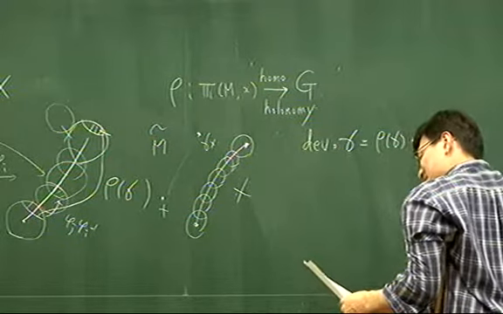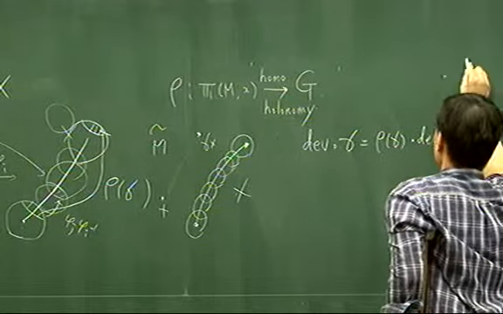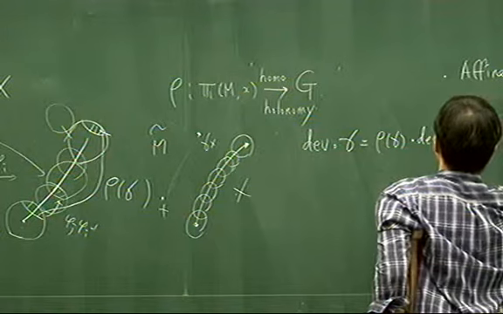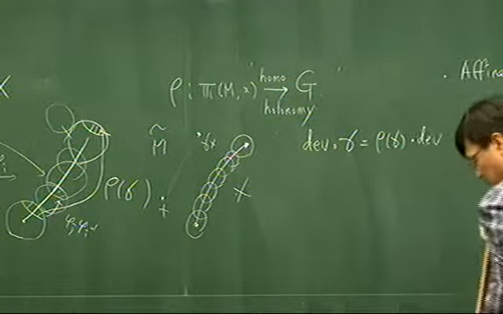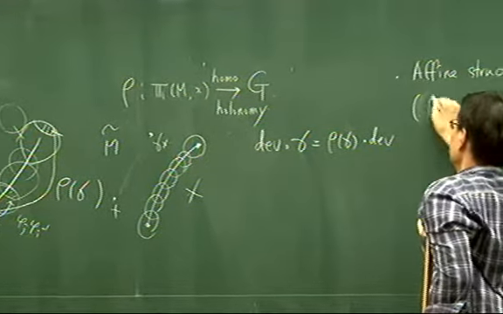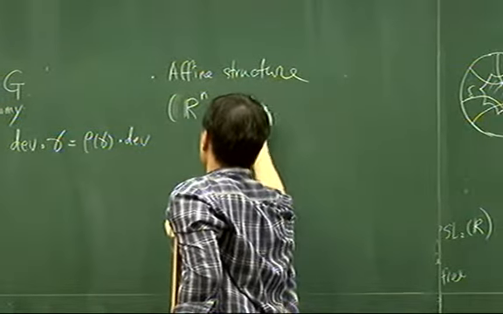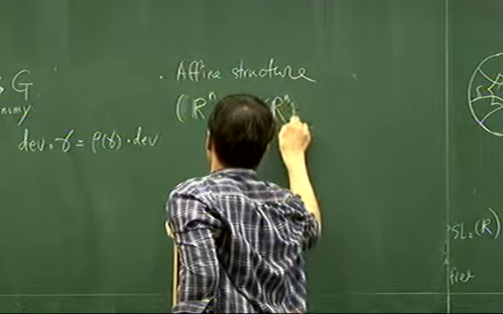Then there's a substructure of the projective structure called the affine structure. So what is the affine structure? What is the model manifold? The model manifold is just R^n, and the group is the affine group of R^n.